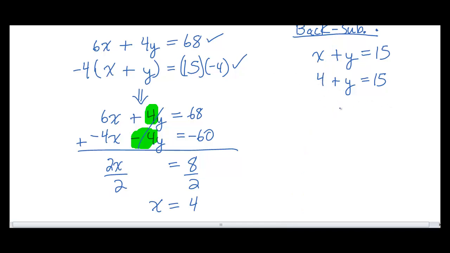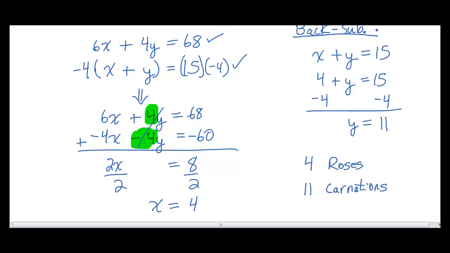And I can subtract 4 from both sides, and we'll have that y equals 11. So we have 4 roses and 11 carnations. That would be my solution.